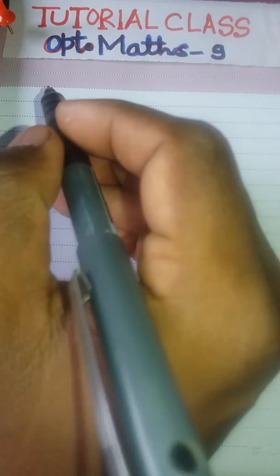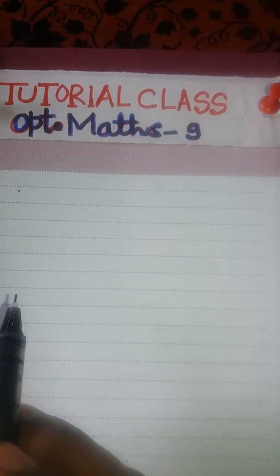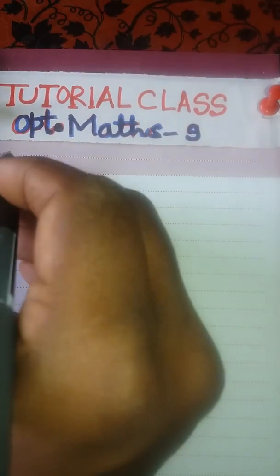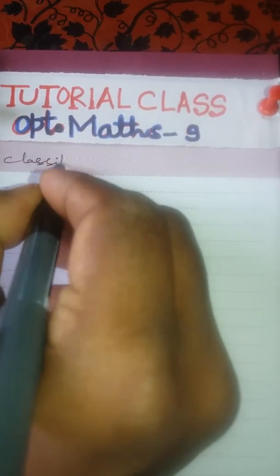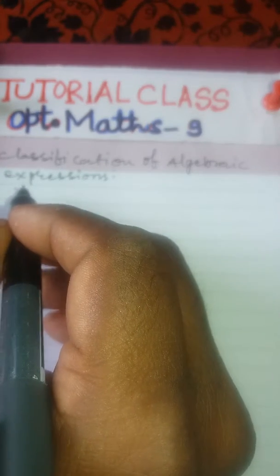Let's start the classification of algebraic expressions. See here, first of all, we write one term algebraic expressions.